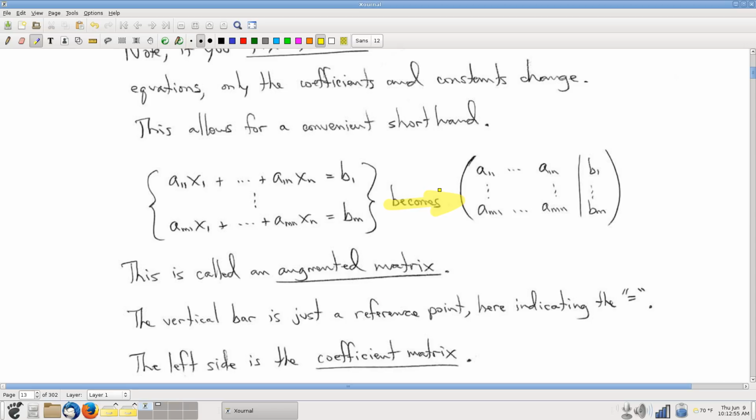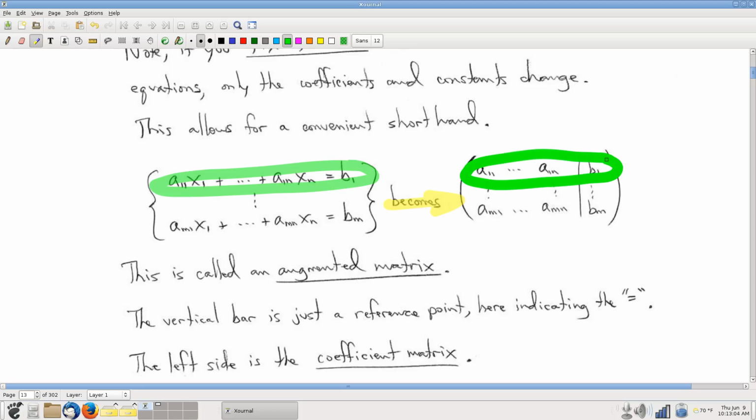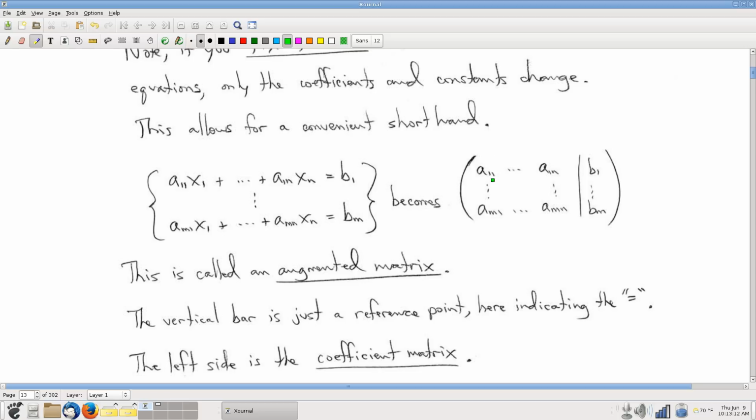So, last observation that I want to make about this shorthand is notice that once you've made this shorthand, what had been an equation within the system, its shorthand is as a row of the matrix. So, something to keep in mind as you go along, columns correspond to the various coefficients in the various equations of a given variable.